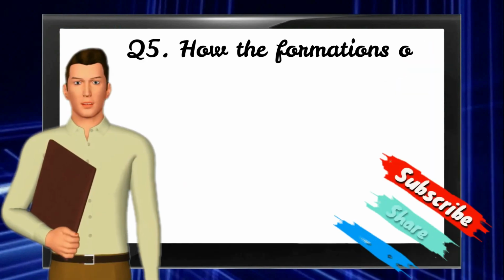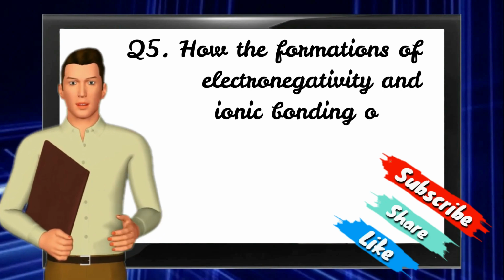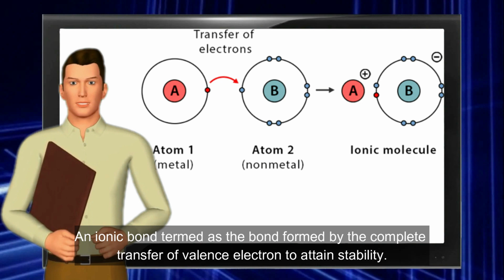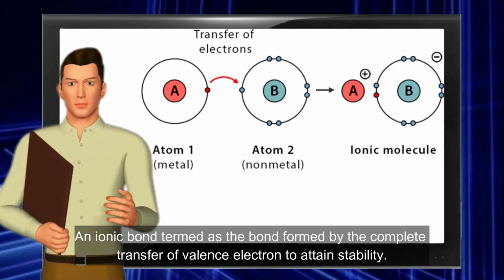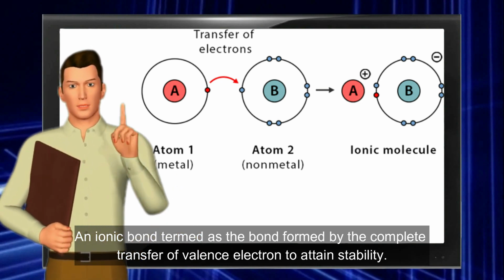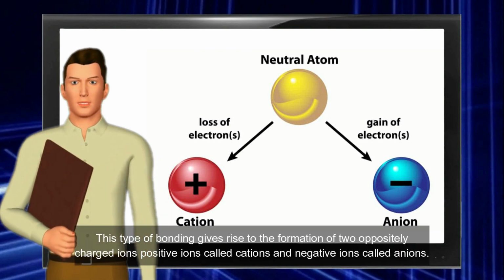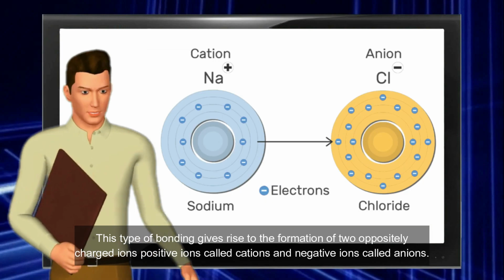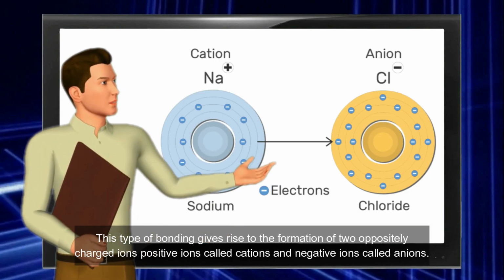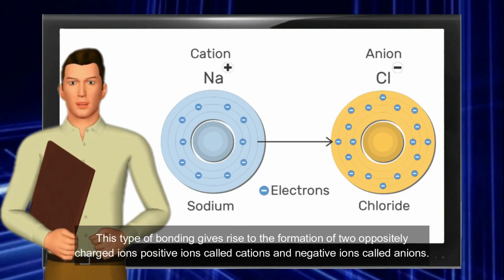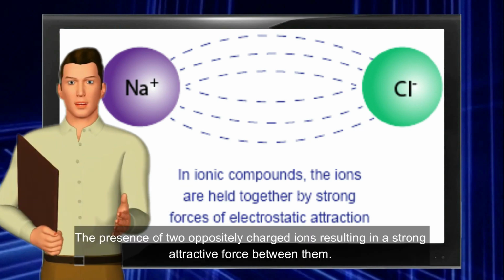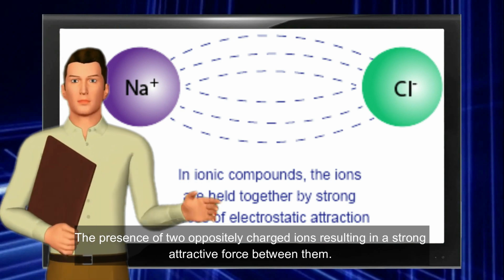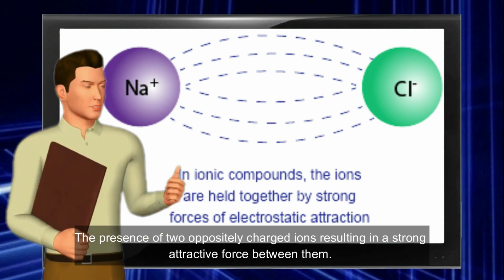How does the formation of ionic bonding occur, and what is the role of electronegativity? An ionic bond is the bond formed by the complete transfer of valence electrons to attain stability. This type of bonding gives rise to the formation of 2 oppositely charged ions, positive ions called cations and negative ions called anions. The presence of 2 oppositely charged ions results in a strong attractive force between them.